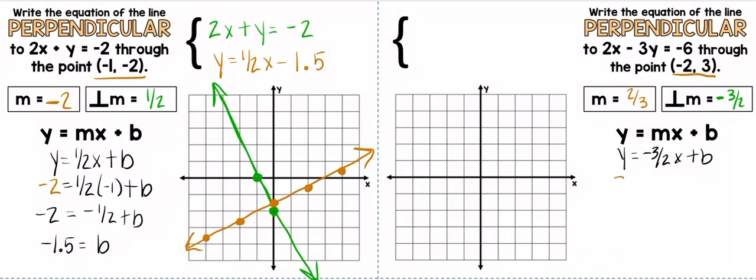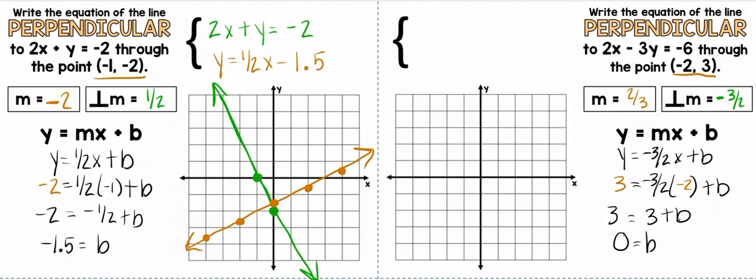Now I'm plugging in the ordered pair. So I have 3 equals -3/2 times -2 plus b. So that's 3 equals 3 plus b. So then b equals 0.